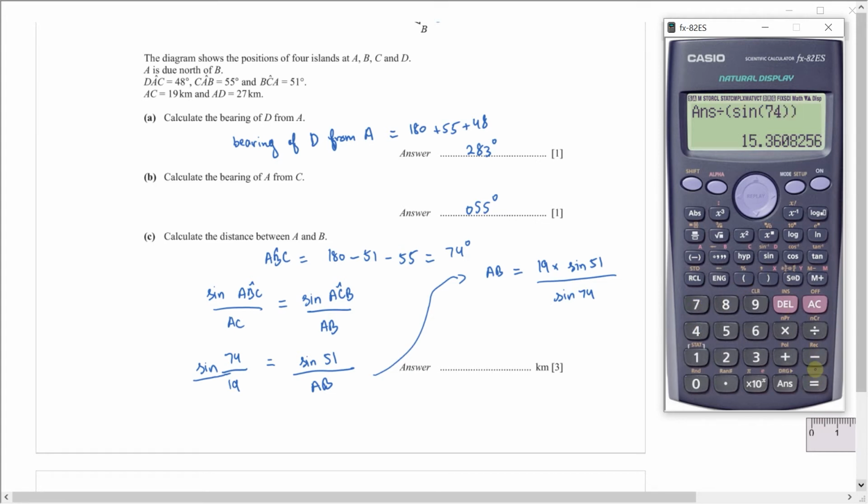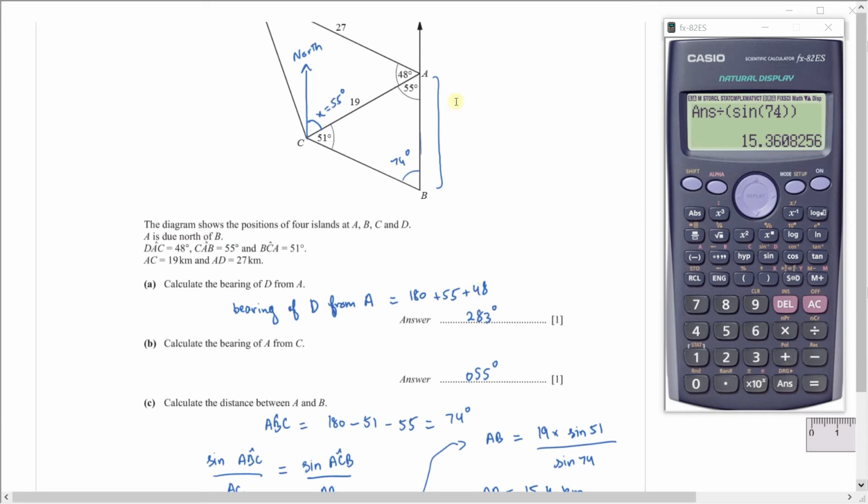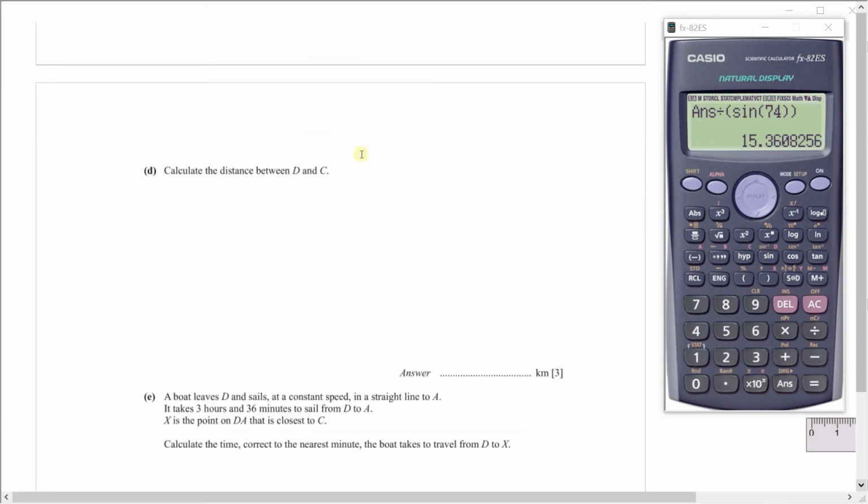So AB is 15.36. I will round it to three significant figures. I will get 15.4 kilometers. So your length AB is 15.4 kilometers.